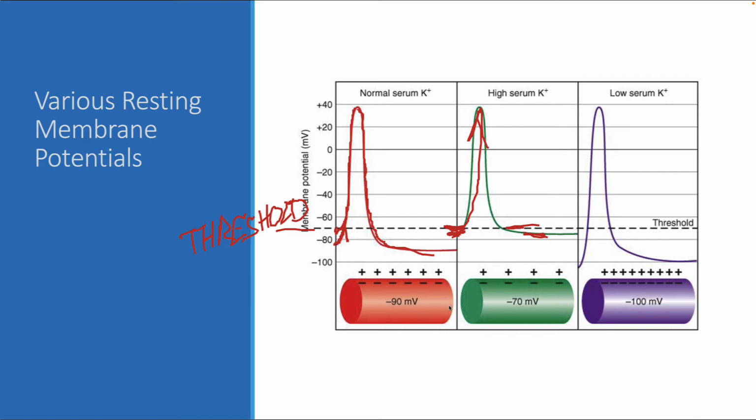When the serum potassium is low, now there's a greater difference between the threshold and the resting membrane potential. That is now minus 100 millivolts instead of the usual minus 90. And so now it's harder to get to that point to cause the all or none response. So that's how differences occur in the resting membrane potentials.